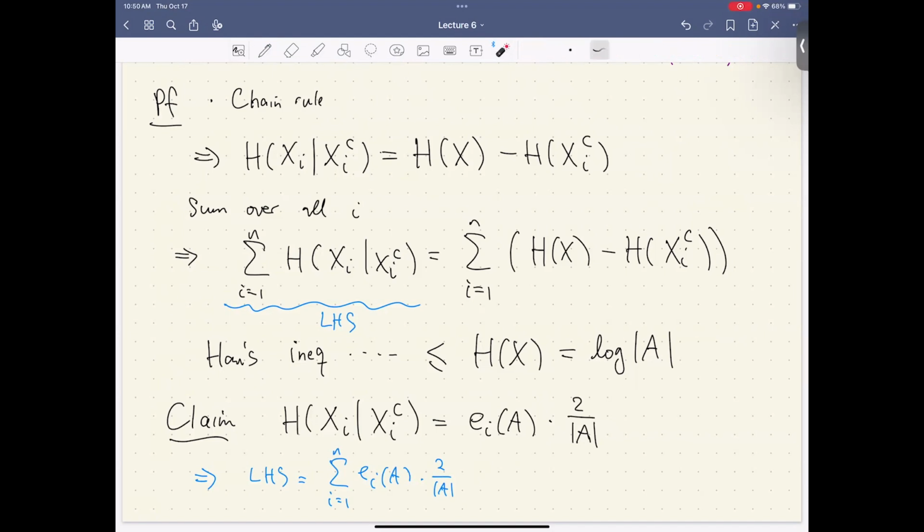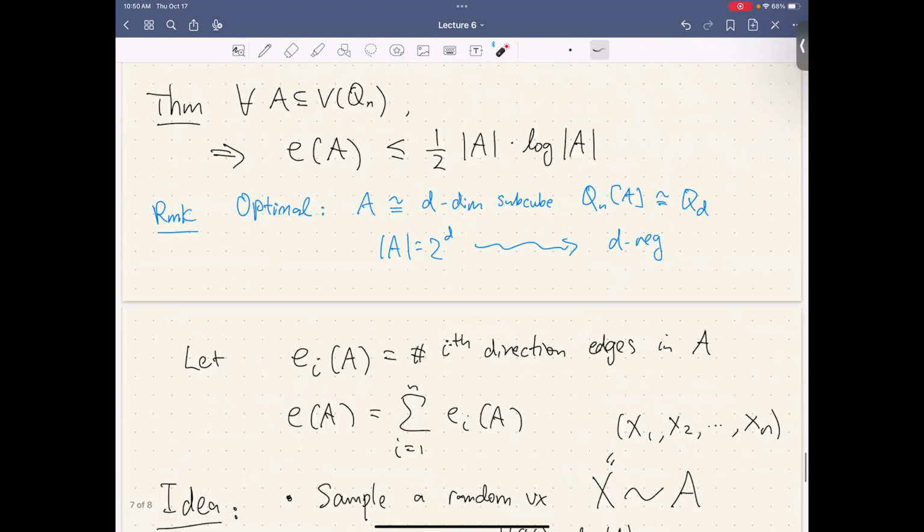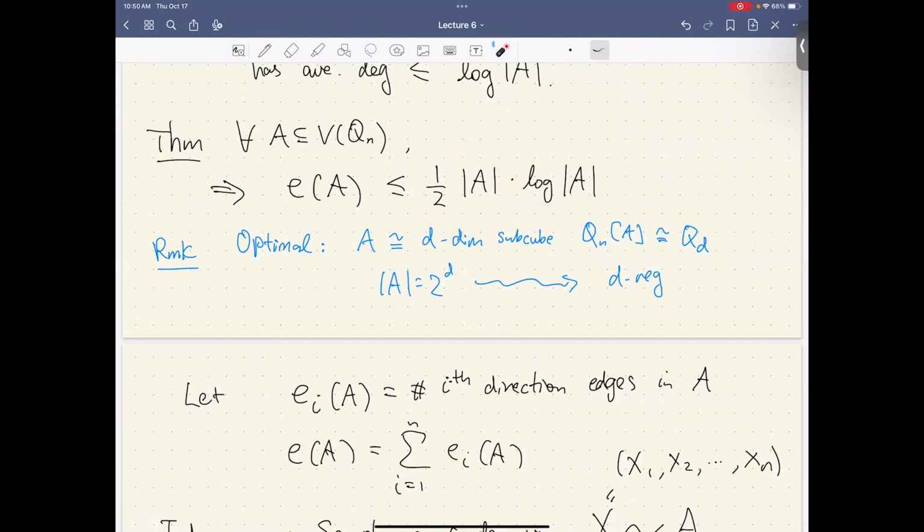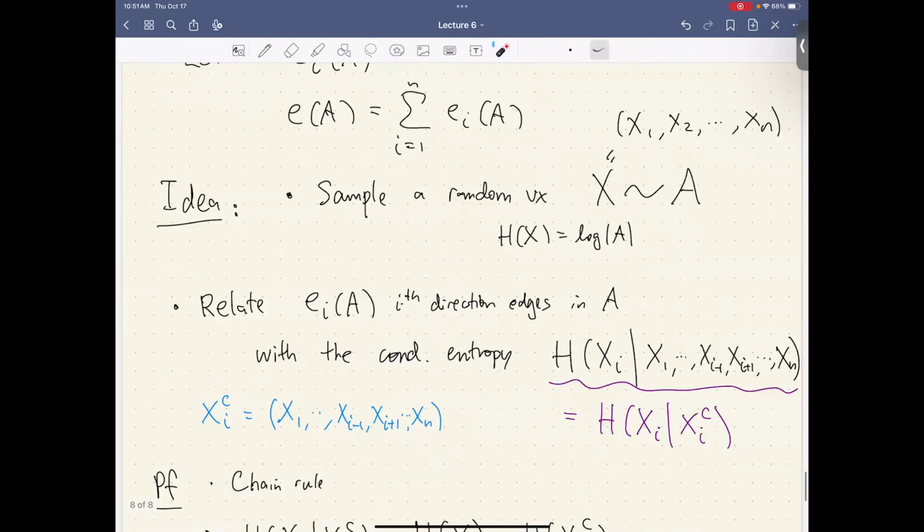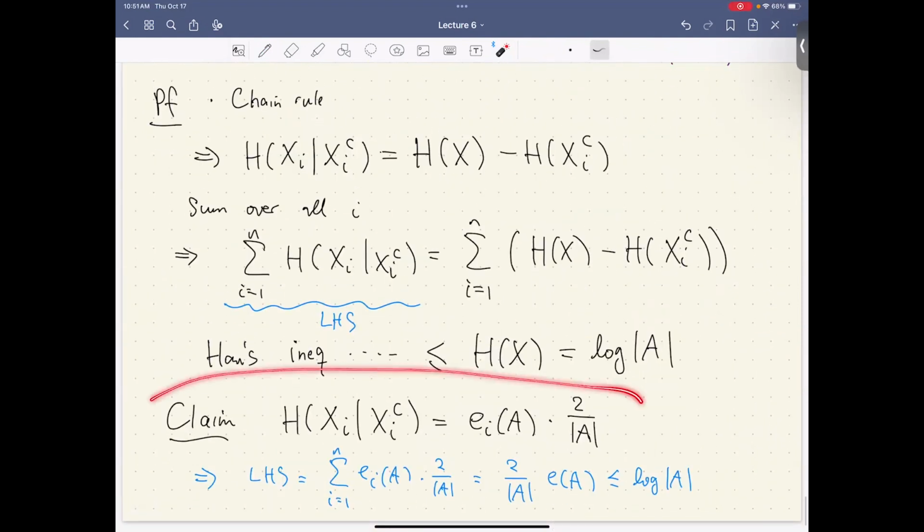But this is E(A). So it equals 2 over |A| times E(A), which is at most the right-hand side, log |A|. So the size of E(A) is at most |A| over 2 times log |A|, which is exactly what we want to prove. So it suffices to prove now this claim. Any questions so far?